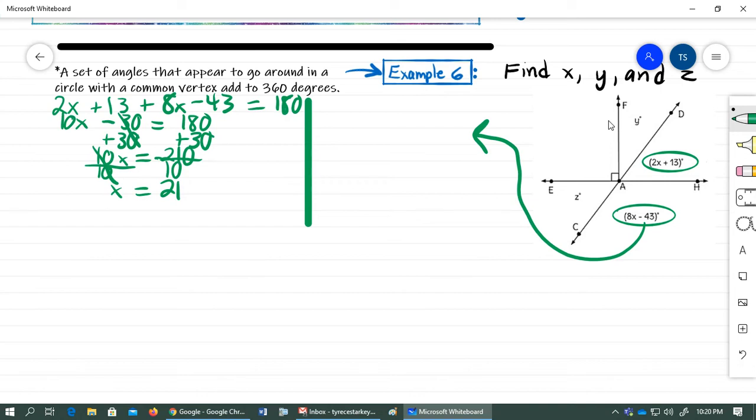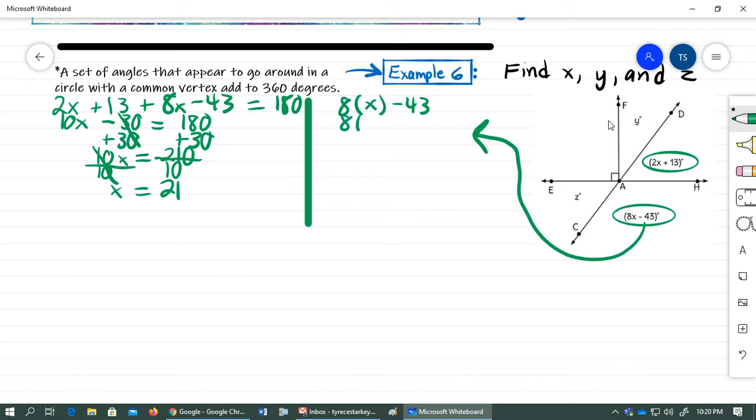All right, so if we were to plug in that value of x that we just found, using this thing here, 8x minus 43.